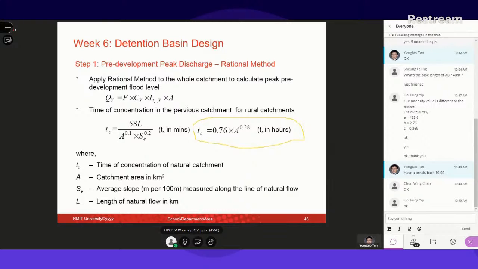That means most of the rainfall becomes surface runoff, because the surfaces are impervious and there is no vegetation.